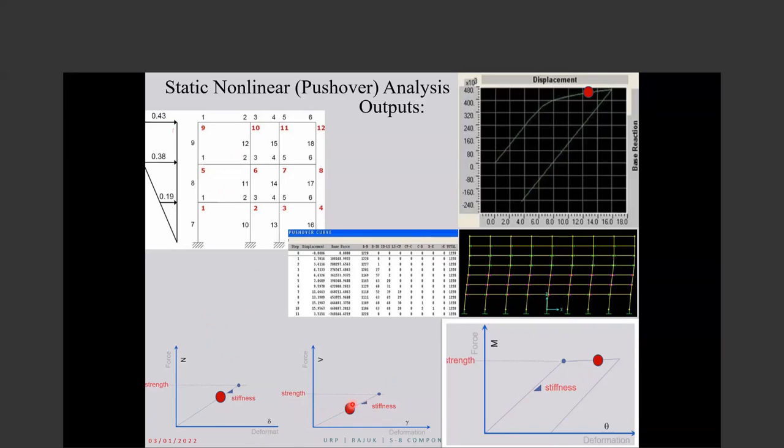So the demand increases, then here some of the deformation control parameters pass their limit and become damaged, but they didn't pass the damage capacity that they have. They didn't pass the ductility capacity, the plastic deformation capacity.